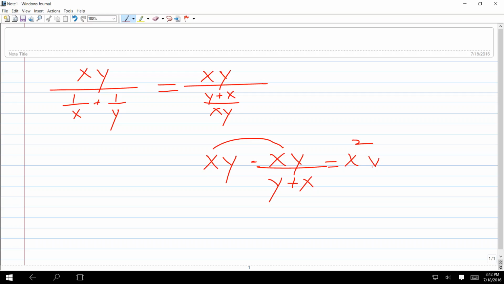Y squared. And the denominator, since we're multiplying, you multiply numerators and you multiply denominators. In other words, multiplication is far easier than addition. So this is our answer. This is our final answer.